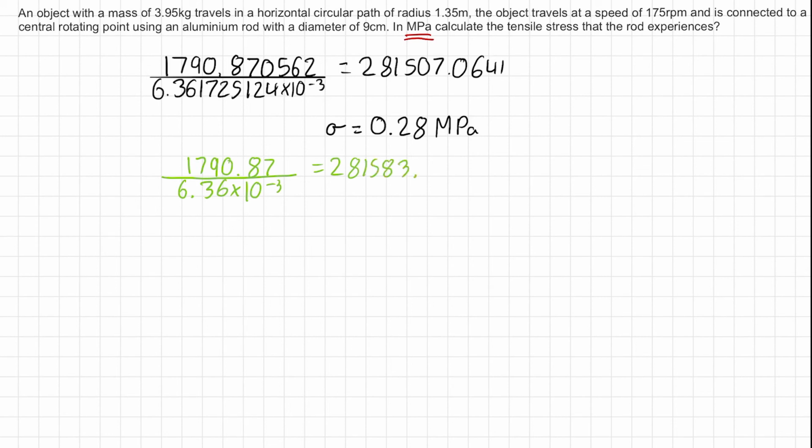Now, as it's asking for megapascals, it doesn't make as much of a difference because you're only really looking at those first 2 values. But if it was just in pascals, you can see there's a difference. So the difference is 76.27 pascals. And as we're engineers and scientists, we like to be precise with everything and make sure that we've got precisely what we need and we're not halfway there.